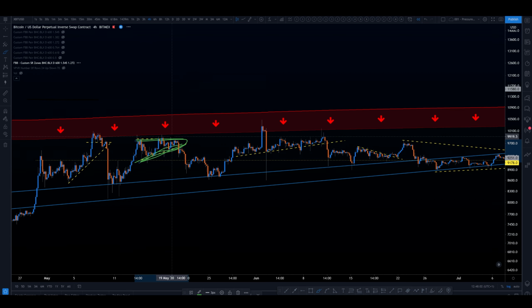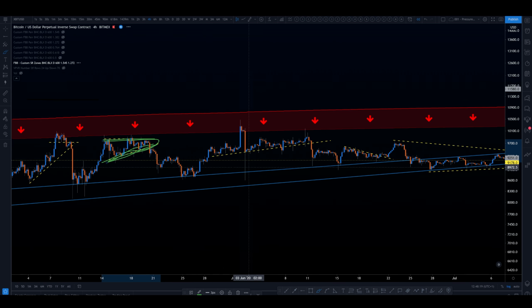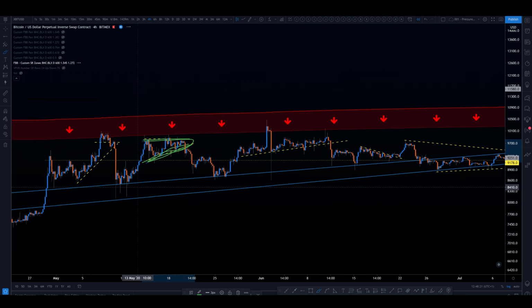Usually this is a bullish sign, but we are directly below resistance. So we have to be careful of this resistance stopping the breakout of this pressure zone and creating a move to the other side that is still untested. And the untested level here would be this trend line.